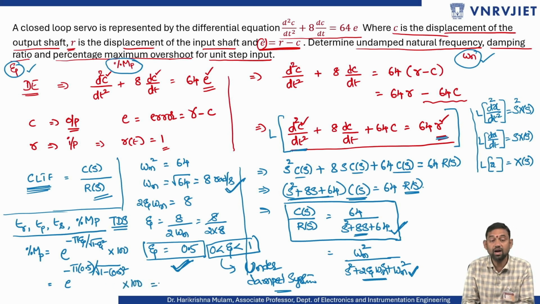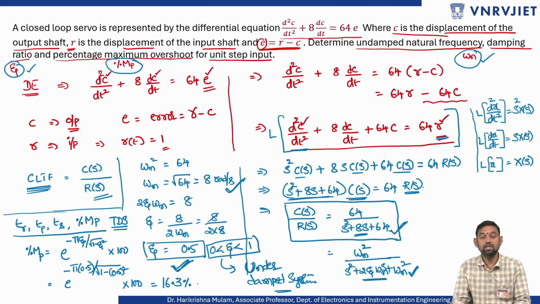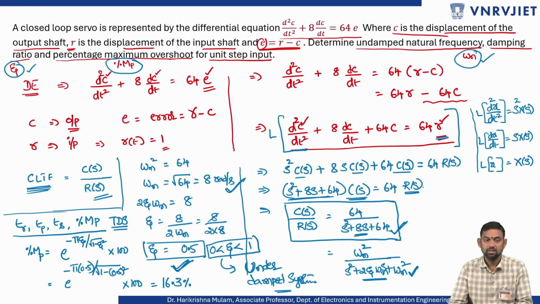If you find its value, it will come around 16.3%. So the percentage overshoot in this system is 16.3%, which gives you information about to what extent the overshoot has been extended beyond the desired output.